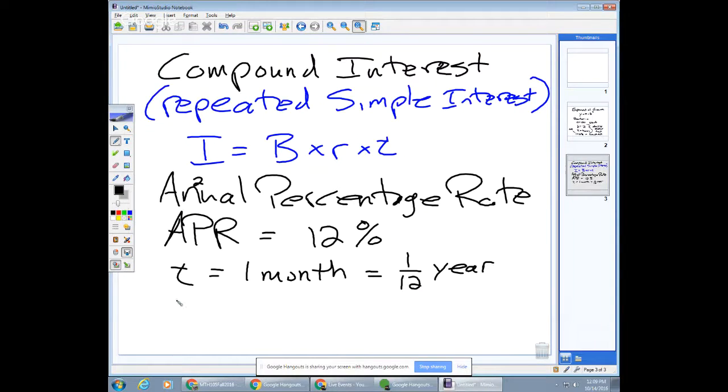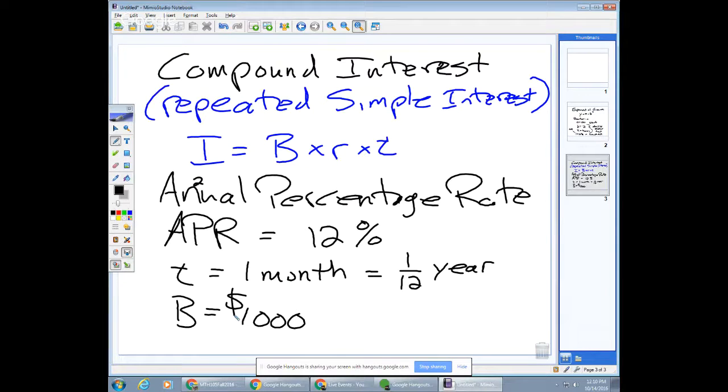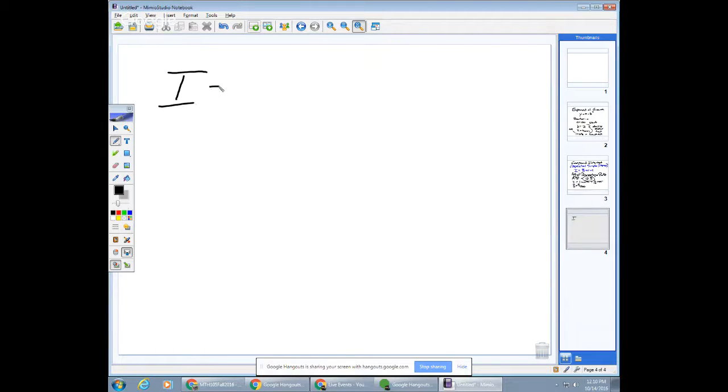And let's suppose our balance is $1,000. So to calculate simple interest on this, I would just take 1,000 times 12% times 1/12 of a year. And that's how much interest I would earn in a month, given this starting rate. So my interest would be $1,000 times 12% as a decimal times 1/12 of a year.